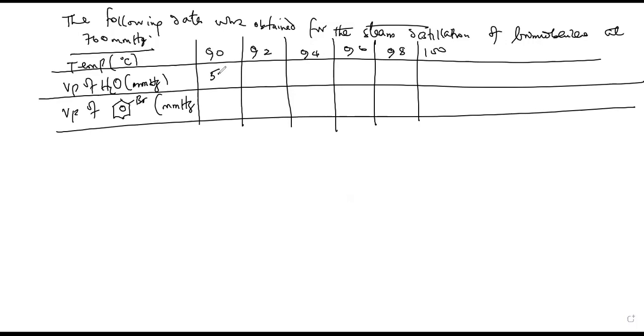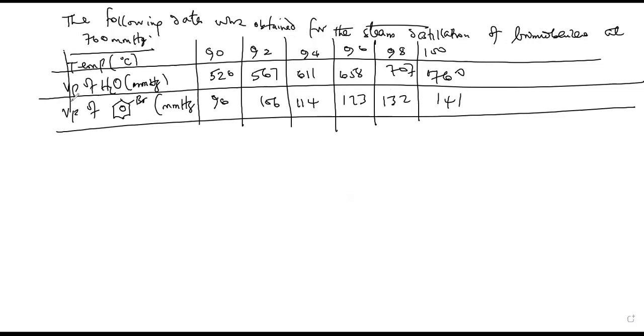We have 526, 96, 567, 106, 611, 114, 658, 123, 707, 132. We have 760 here, 141.